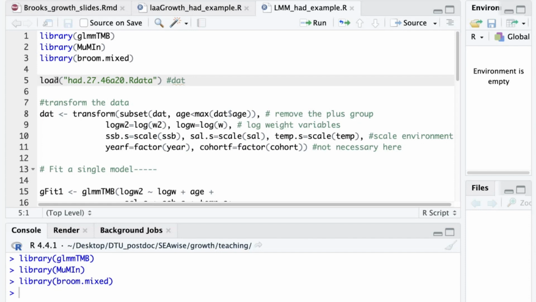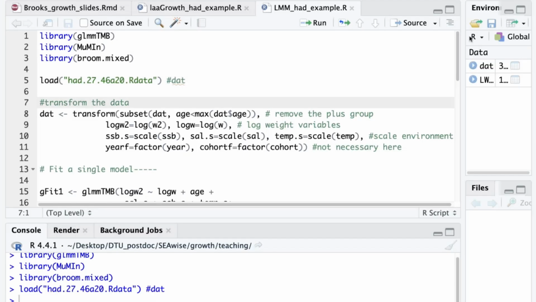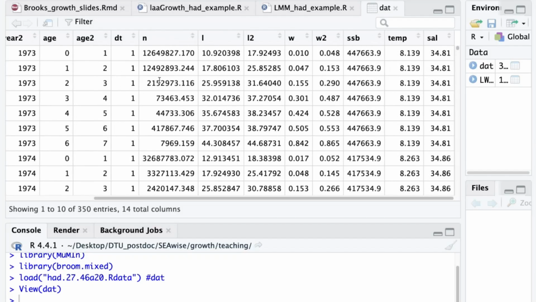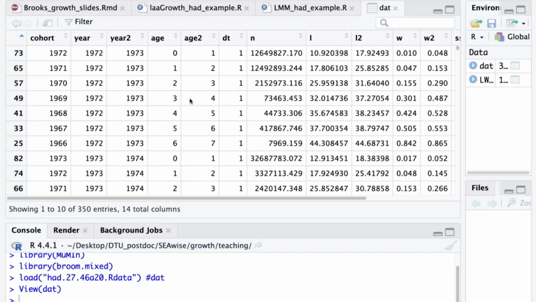I'm loading this data set that I'm distributing to you all, and it includes this object just called dat, and it's extracted from a FLStock object. And so it's information that you could extract from your stocks if you had them, or any population you had.